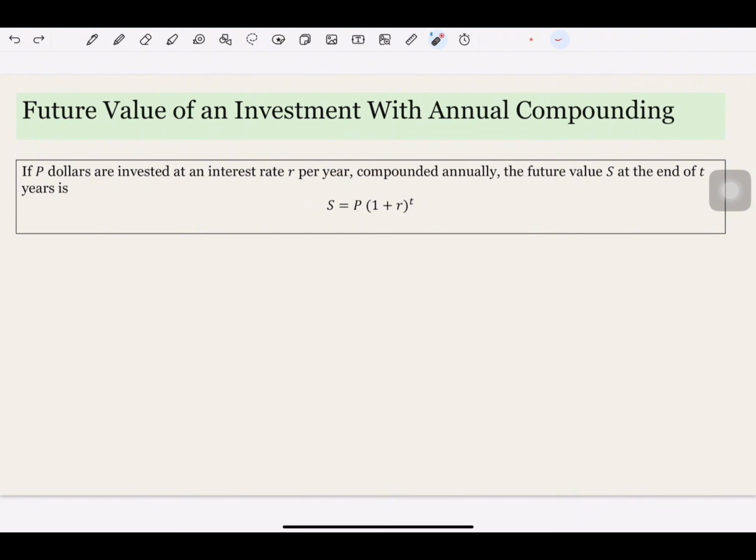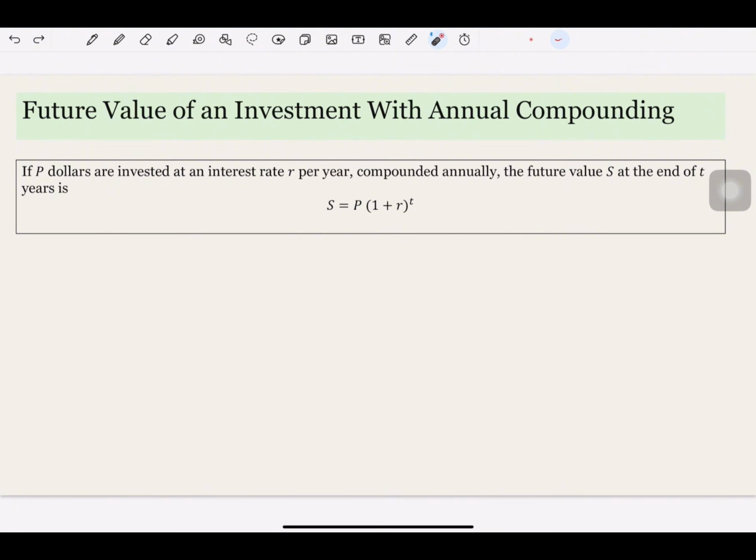We have seen this formula. Here S represents the future value of the investment, P represents the principal value, and R represents the annual interest rate, usually a decimal, and T represents the time in years. This formula reflects exponential growth. We just discussed an example with this formula.